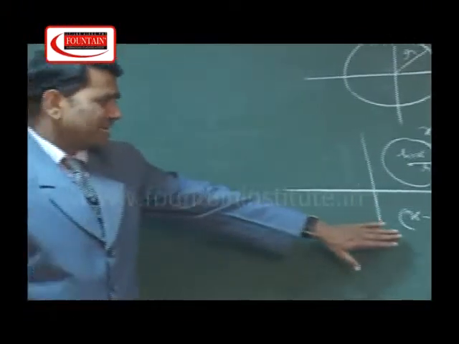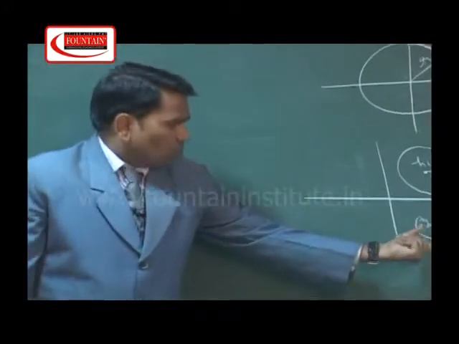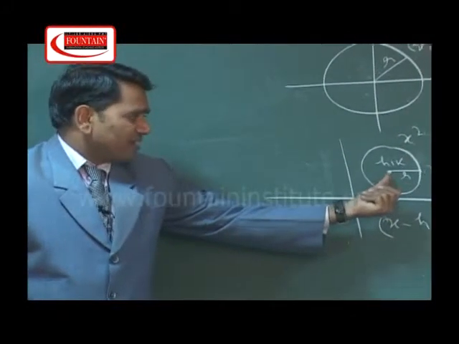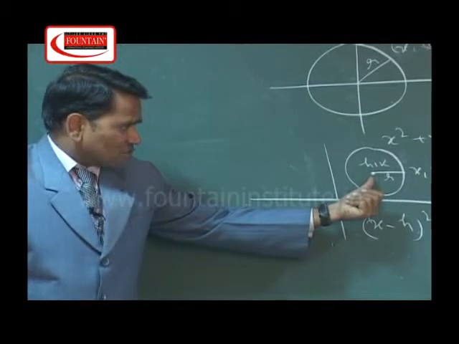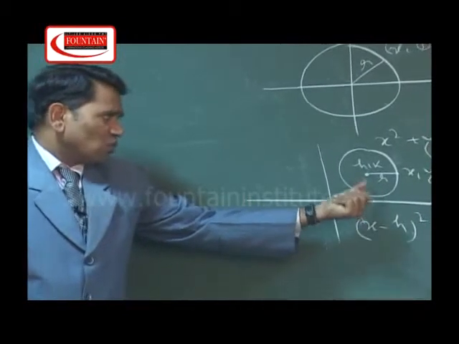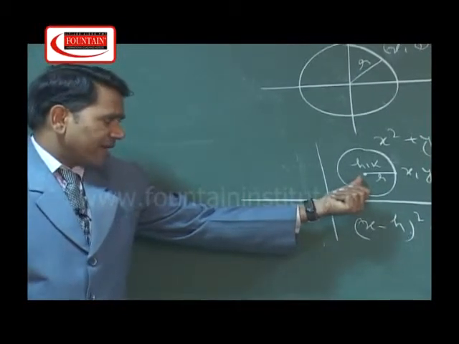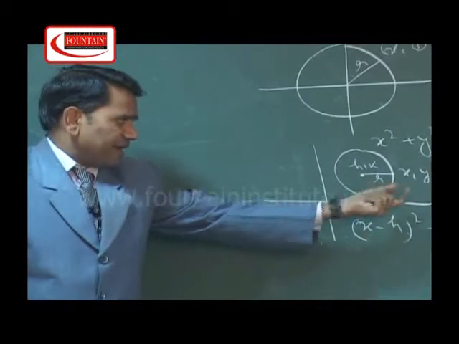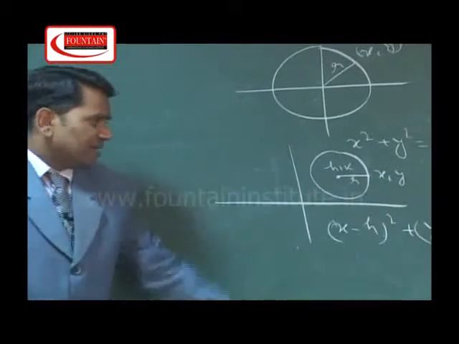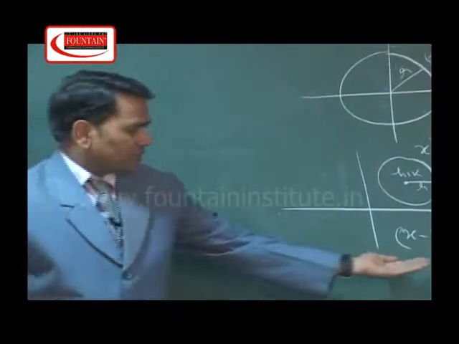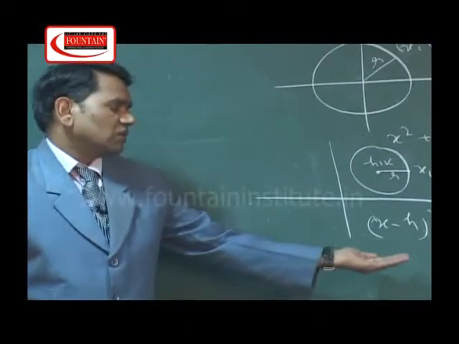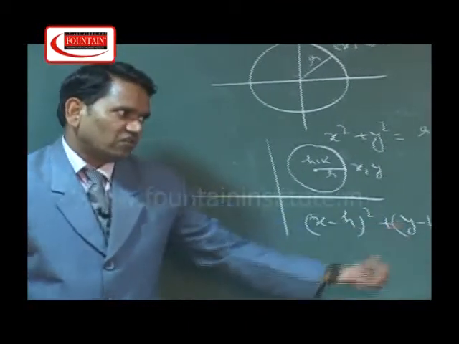So this is the case of a circle whose center is h comma k, that means whose coordinate of center is h comma k, whose radius is r, and passing through x comma y. In that case the equation of the circle is (x minus h) whole square plus (y minus k) whole square is equal to r square.